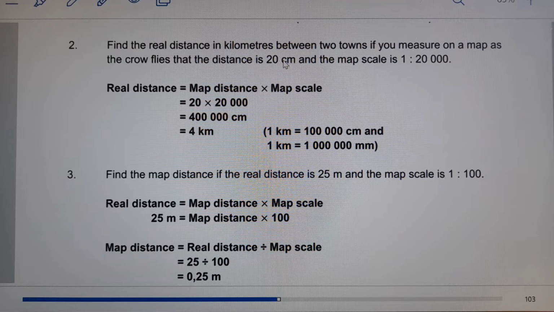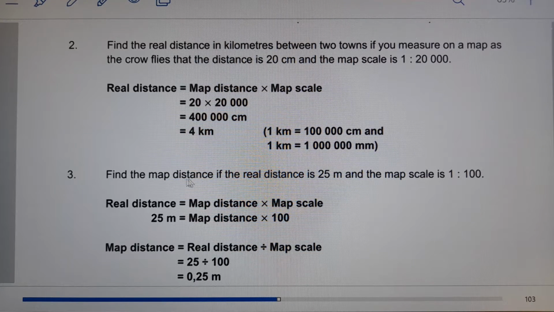So the map distance is this one and the map scale is that one. And we know our formula, real distance is equal to map distance times map scale. So we get 20 times 20,000 and we get 400,000 centimeters. We convert that to kilometers, okay, and we get 4 kilometers, okay. You know how to convert.